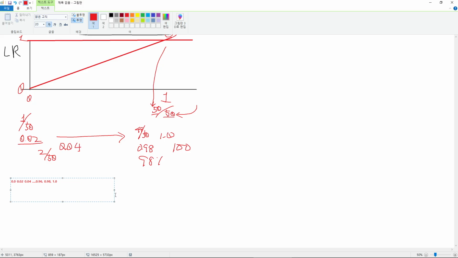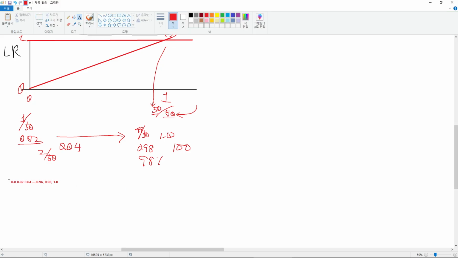It doesn't matter if this is reversed or not. It could be from 1.0, 0.98, and all the way down to 0.0. This is when the learn rate method is proportional head or proportional tail.